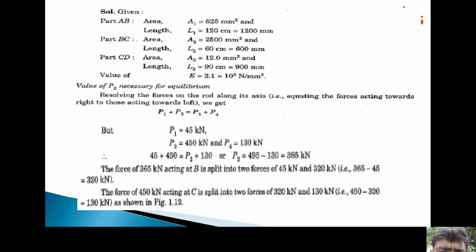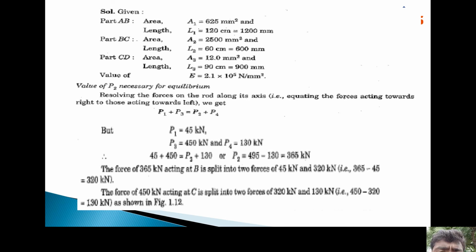Therefore, resolving the equation, the forces acting towards the right equal those acting towards the left. P1 plus P3 equals P2 plus P4. P1 equals 45 kilonewtons, P3 equals 450 kilonewtons, P4 equals 130 kilonewtons.